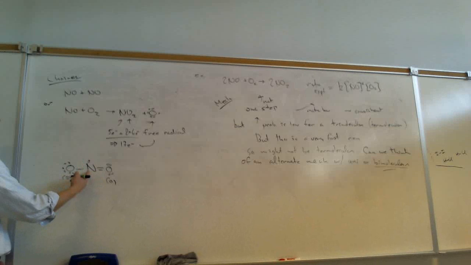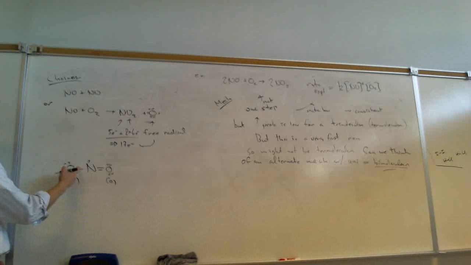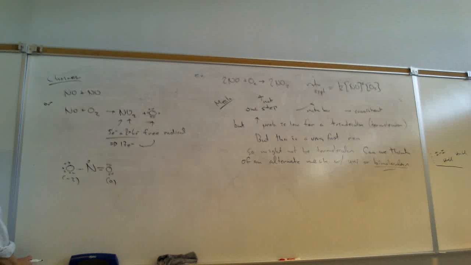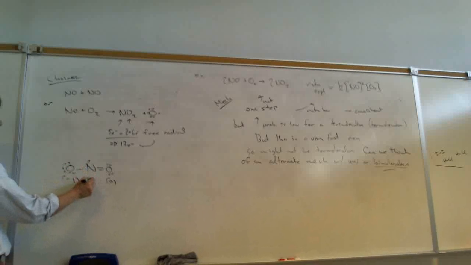Did I get this right? 2, 4, 6, 8, 10, 12, 14, 16, 17. So 2, 4, 6, 7. I'm sorry, -1. 1, 2, 3, 4, plus 1, and 0. That's how it comes out to 0.